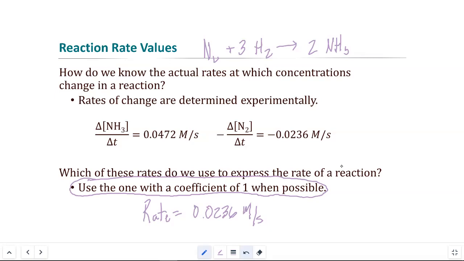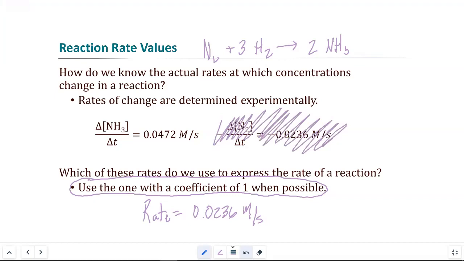So if I'm asked what is the rate of reaction for a given reaction given all of these different rates of appearances and disappearances, the easiest rule of thumb is just to pick the one that has the coefficient of 1. And if there is no coefficient of 1, pick one of them, divide it by the coefficient that it is. So let's say that I wasn't given this value here.